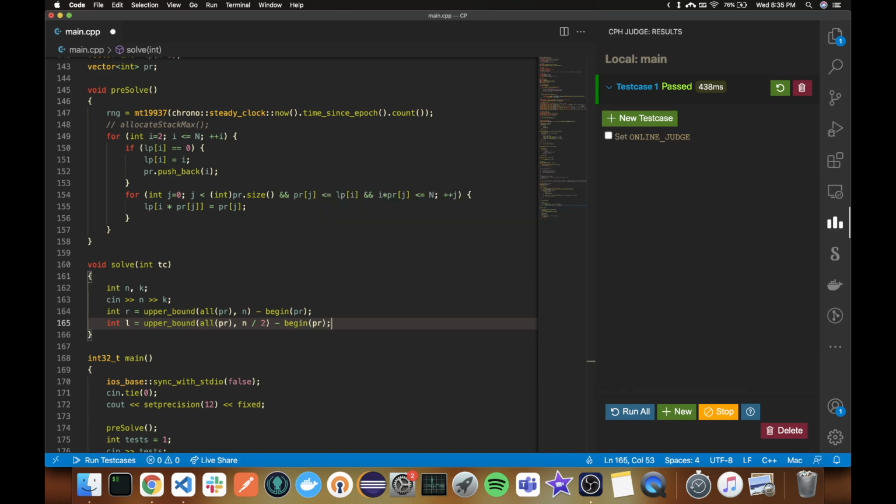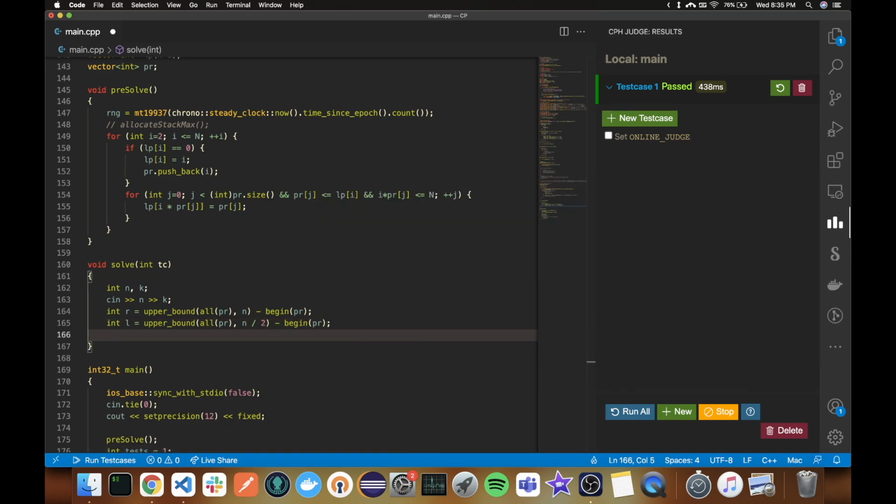And now if I subtract, so the number of primes would be r minus l, right? Sorry, no, what am I doing?